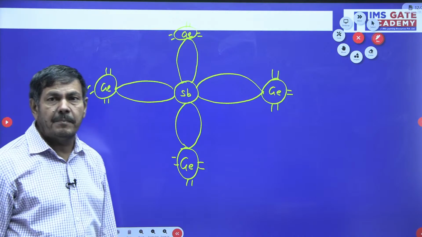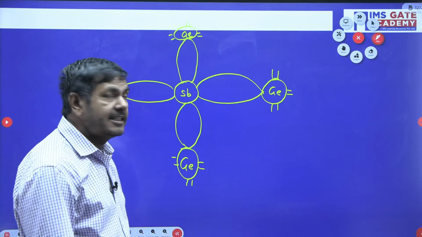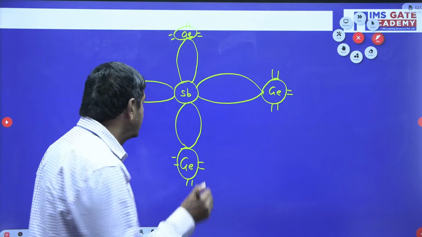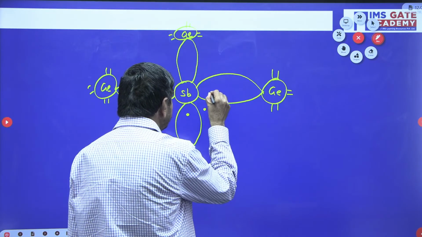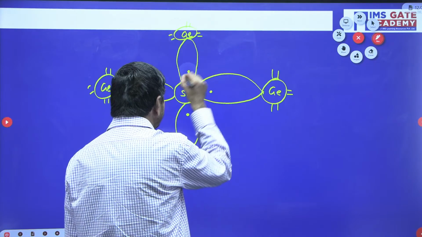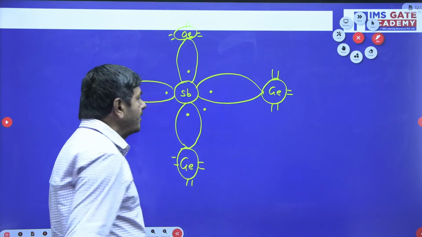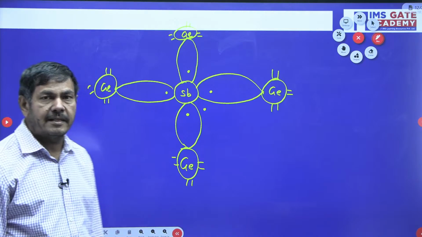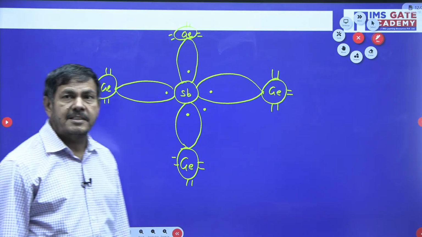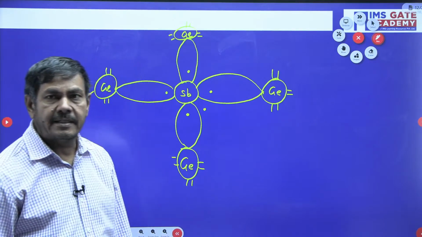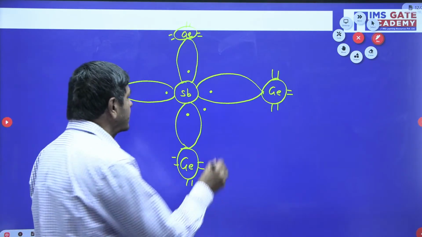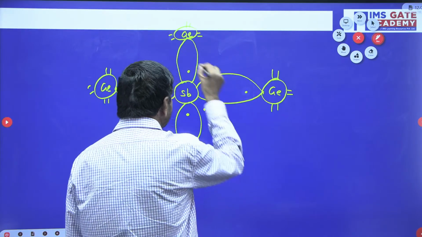How many valence electrons are in the antimony, everybody knows: 5 valence electrons because it is pentavalent. Germanium is a fourth group element. It can have 4 valence electrons. I can put 4 valence electrons this way.